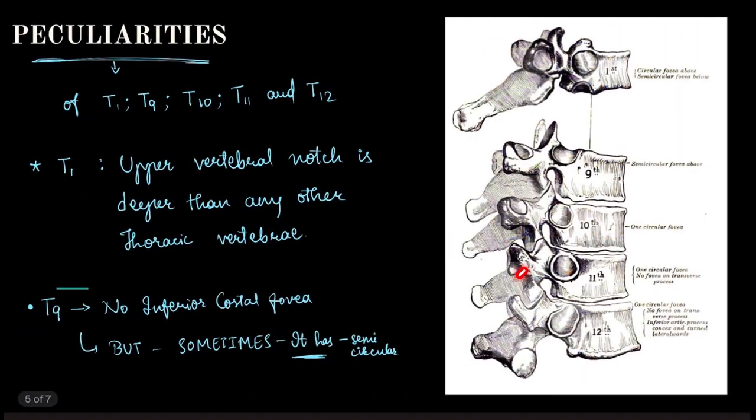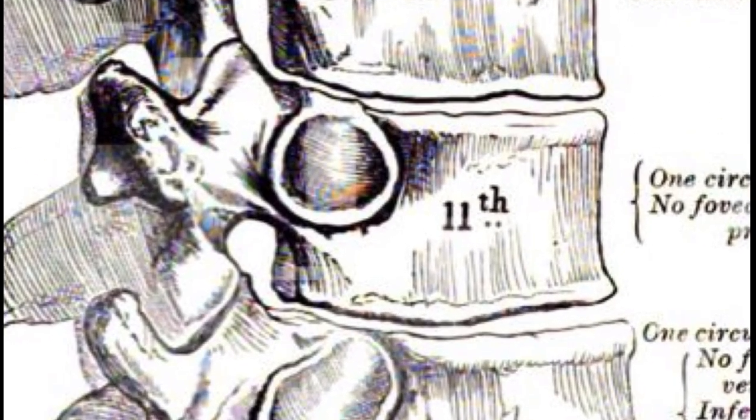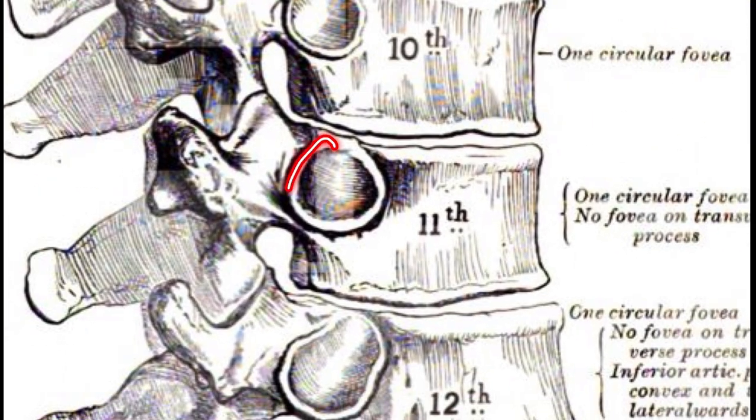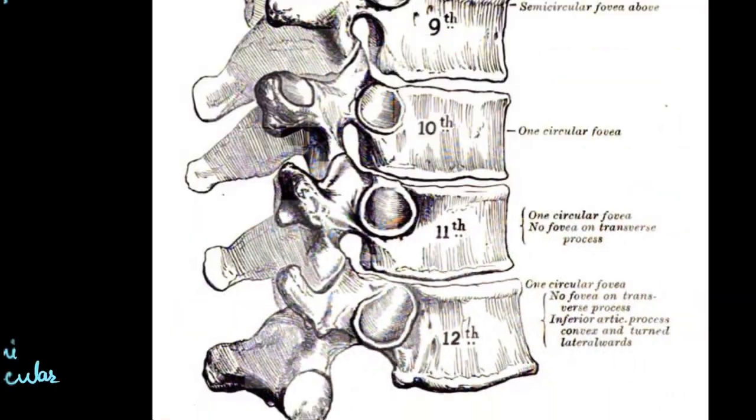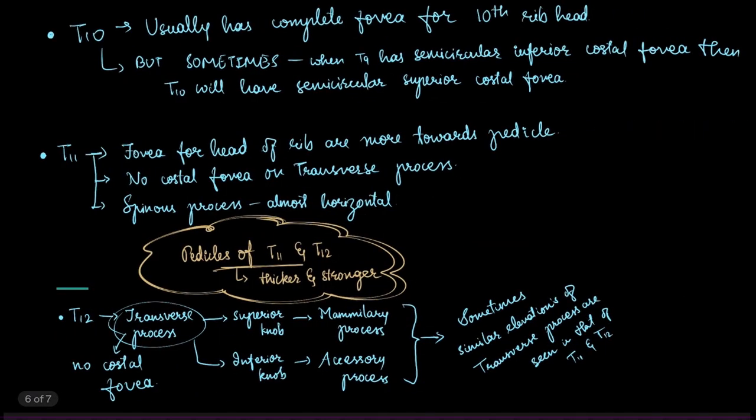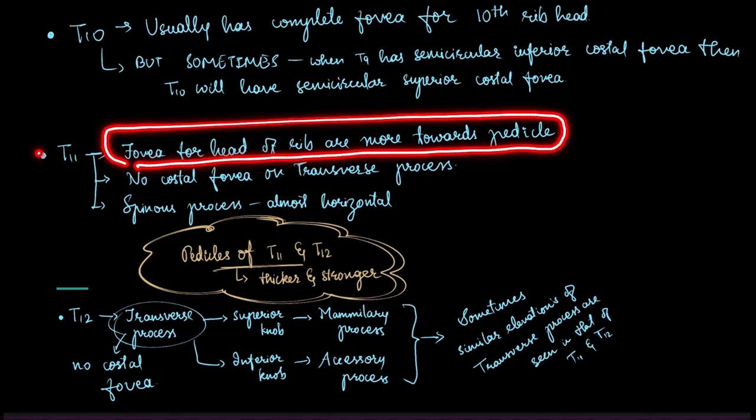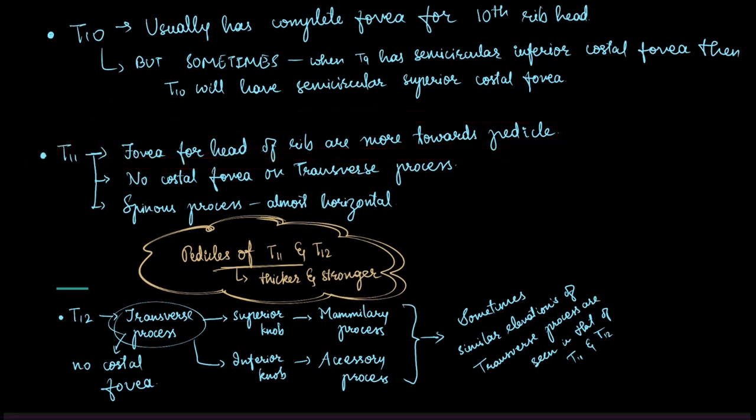And you can see this spinous process, it is almost horizontal. One more thing you can notice, the superior costal fovea is much more towards pedicle than the other costal fovea of thoracic vertebrae. So fovea for head of rib are more towards pedicle in case of 11th thoracic vertebrae.